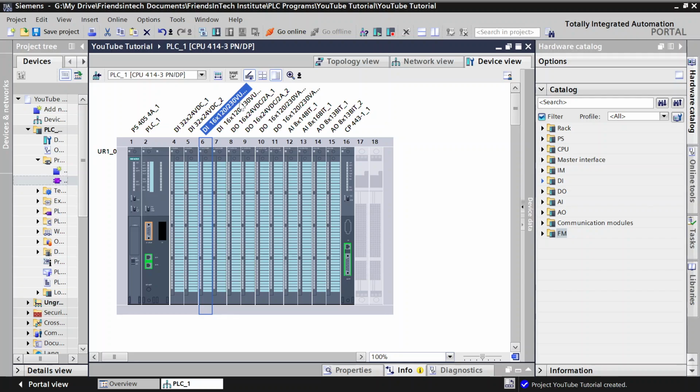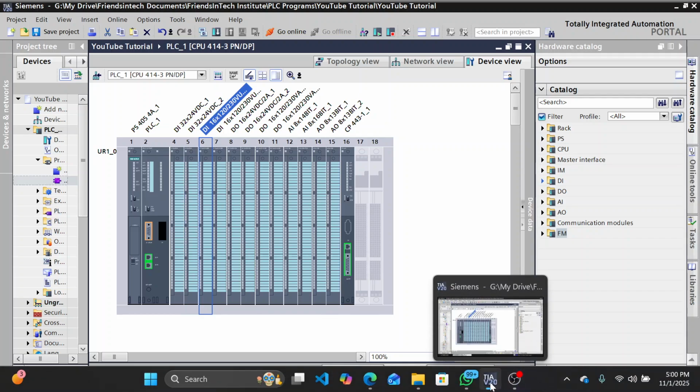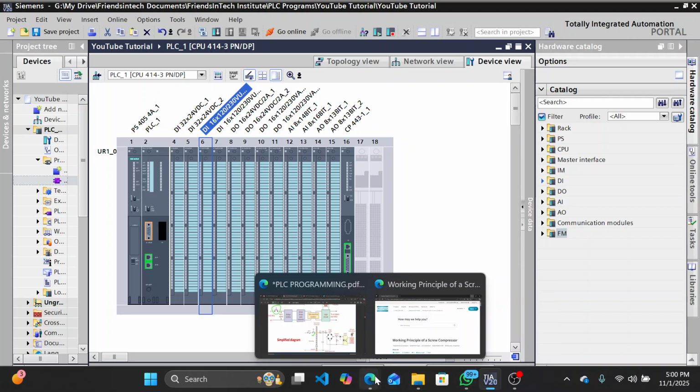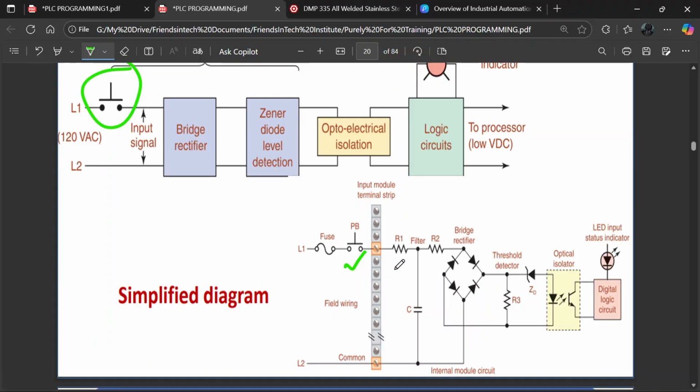This is the 16 by 120/230 VAC module. What about the one for DC? With DC, the only difference here is that we are removing this here. We don't need to rectify DC again. So we are only removing rectification, and we are just connecting it directly. So we are giving 24 VDC here.